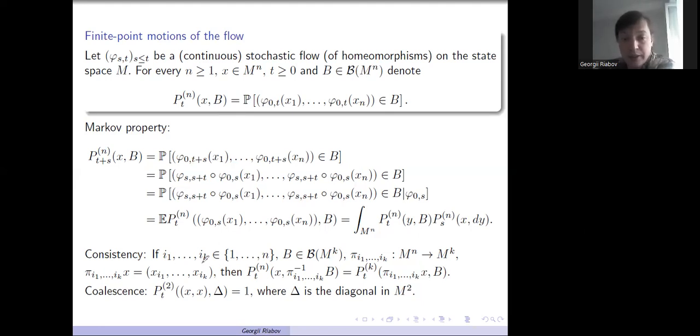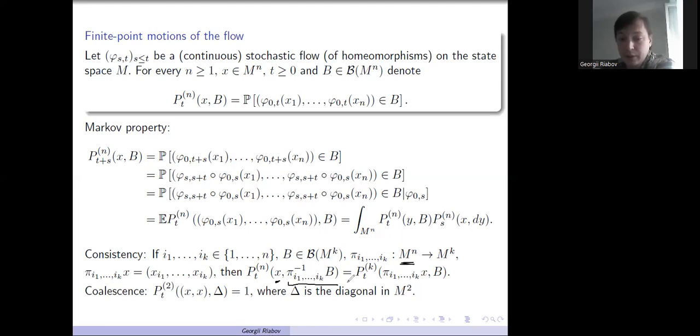So if we take k indices from 1 to n and consider the mapping pi that takes n points and returns k points with indices i1, ..., ik, then the transition function P_n starting from x, the probability that we will arrive at the pre-image of a set B, is equal to the probability that k points starting from x_{i1}, ..., x_{ik} will arrive at B.